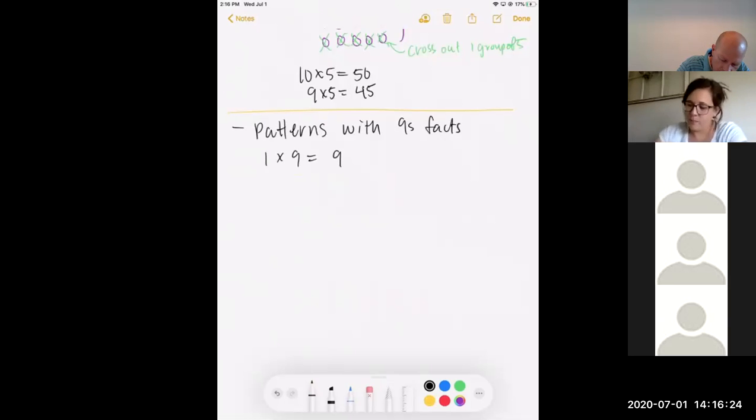1 times 9 is 9. 2 times 9 is 18. So go ahead and write the 9's facts in your notebook.